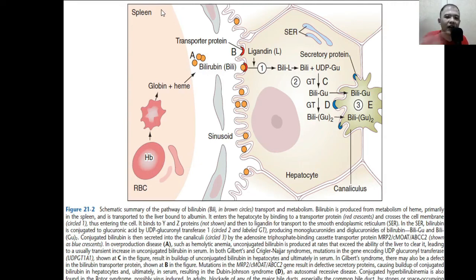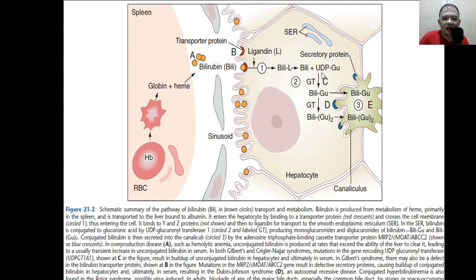whatever is in the sinusoid space, this is the microvilli, the sinusoid space, this is the unconjugated bilirubin. The one in orange is the unconjugated bilirubin. When there is hemolysis, you have high levels of that. Next, it's being conjugated here in the hepatocyte.